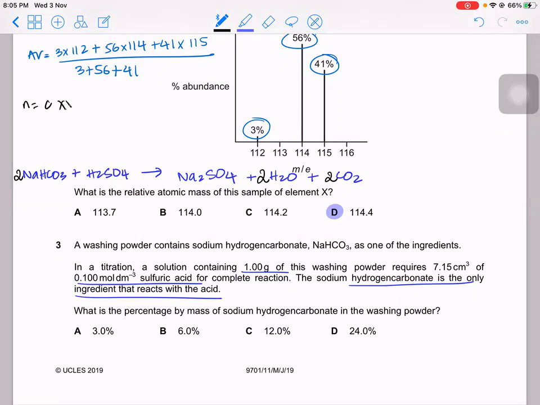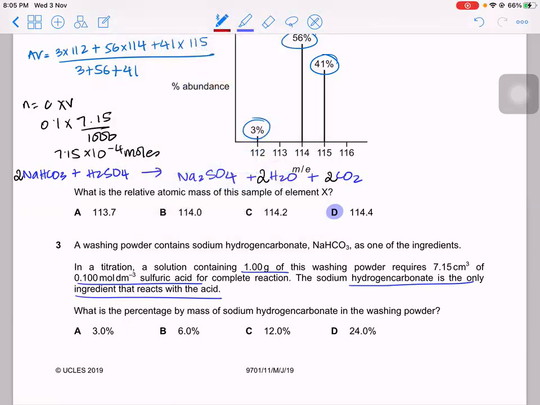Now, let's find the moles of sulfuric acid. That would be n equals c times v. The concentration is 0.1. The volume is 7.15 cm cubed. So you divide it by 1000 to make it into dm cubed. So that becomes 7.15 divided by 1000 times 0.1. That's 7.15 × 10^-4 moles of sulfuric acid.